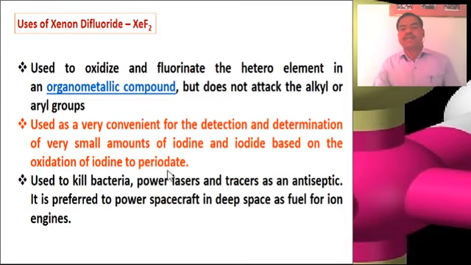It is very convenient for the detection and determination of very small amounts of iodine, based on oxidation of iodine to periodate. It is used to kill bacteria, in powders, lasers and traces, and as an antiseptic. It is preferred to power spacecraft in deep space as a fuel for ion engines.